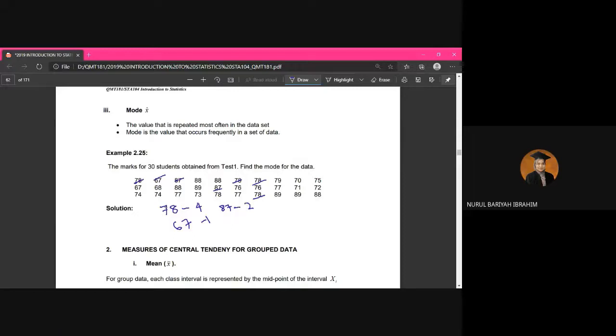Oh, I think it's 67. 67 ada 2. Lagi 88. We have 1, 2, 3, 4. 79. We have 1. We only have 1.